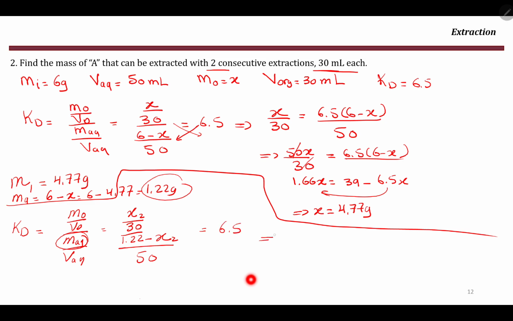Now, if you do the math, I'm not going to do it right now, but if you do the math, you will end up with X2 being equal to 0.97 or 0.98 grams. So, remember, M1 or X1 was 4.77.